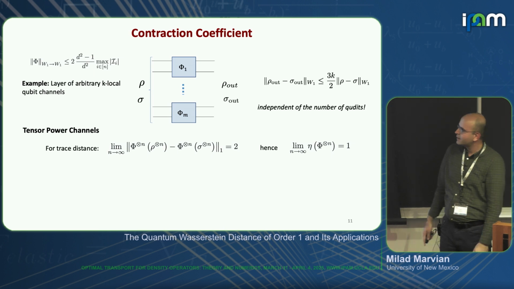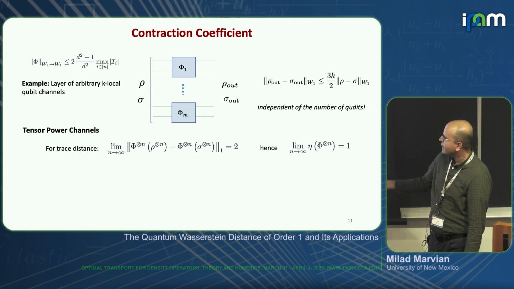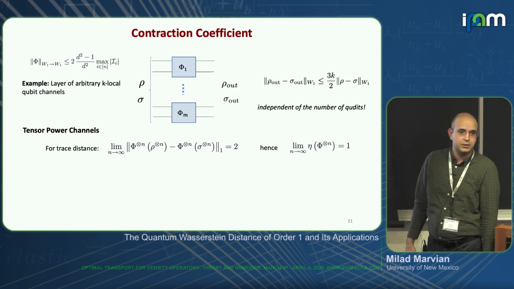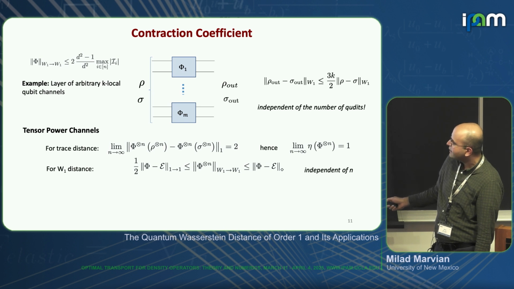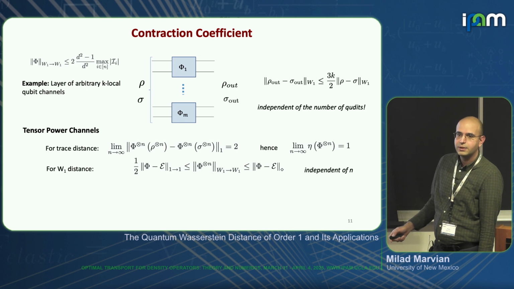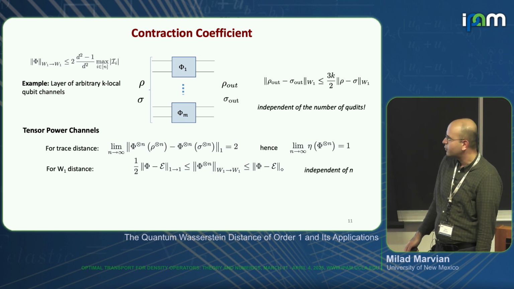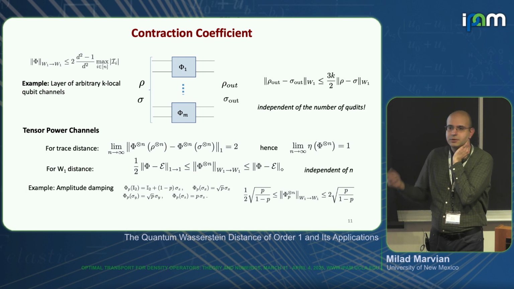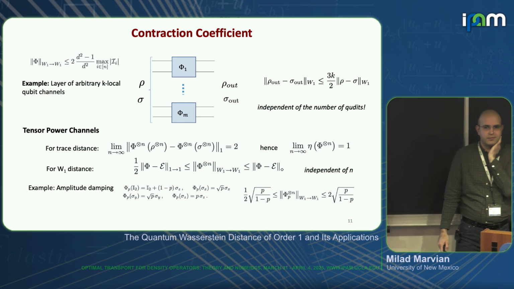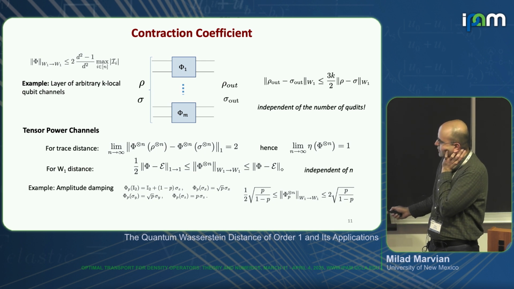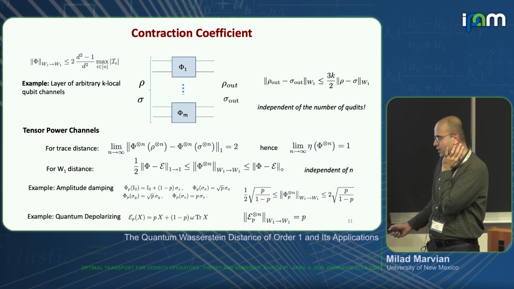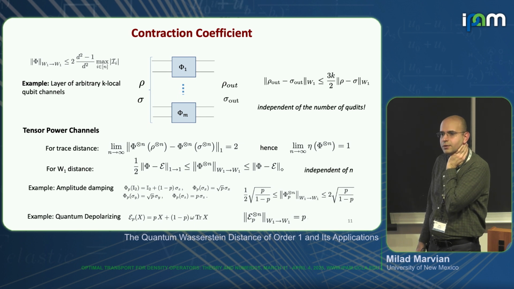That's one way of saying it. And so you can't have a very meaningful output; it's just independent of the channel you will be using. But if you use a distance like this, you can show that you actually get bounds independent of n. For example, you can directly calculate for amplitude damping, an example of a physical noise process that's very useful, and you can bound this as a function of the amplitude damping parameter, similarly for depolarization.